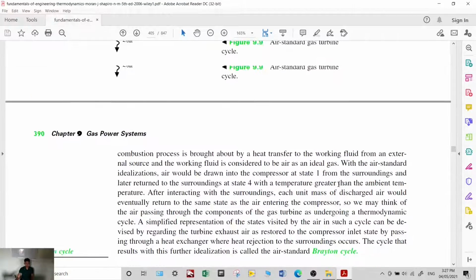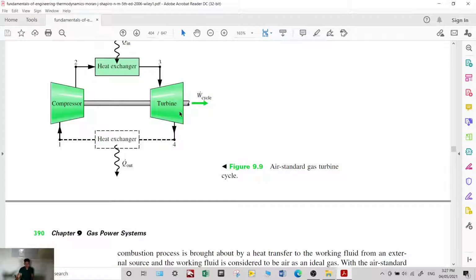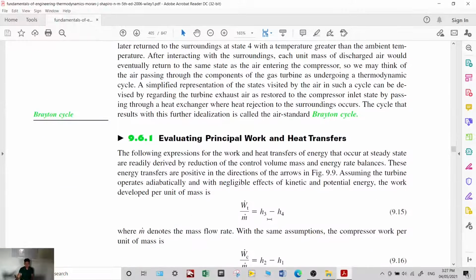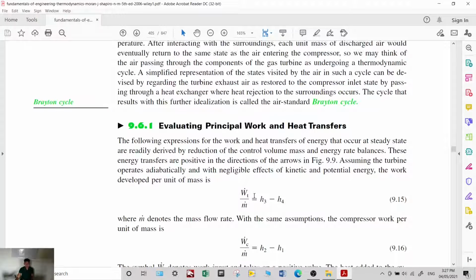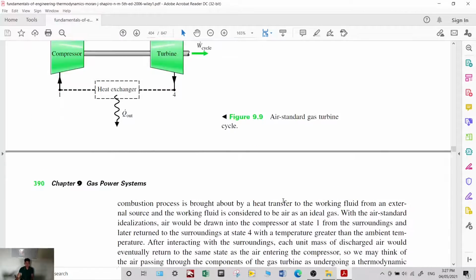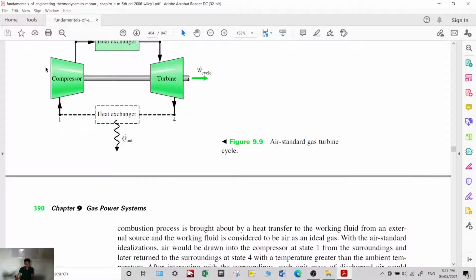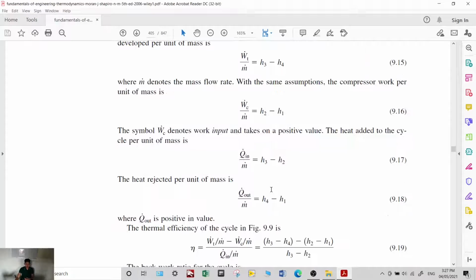Okay, since this is an open system, you apply the first law of thermodynamics. The work output of the turbine is just h3 minus h4. For the compressor, the same process, you apply the energy balance and you get h2 minus h1.